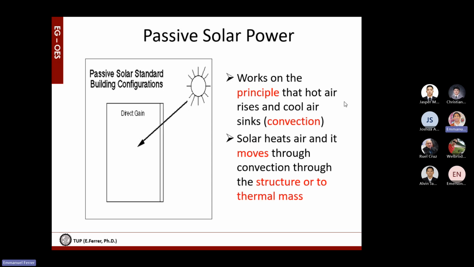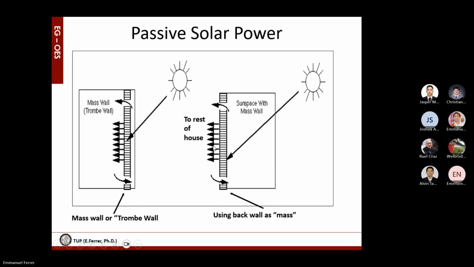Kaya siyempre, yung ibang bahay ay dine-design nila na passive, hindi gagamit ng radiator, hindi gagamit ng electricity to heat up, kasi of course you save energy kung design like this. So, ito yung klase ng mga design.